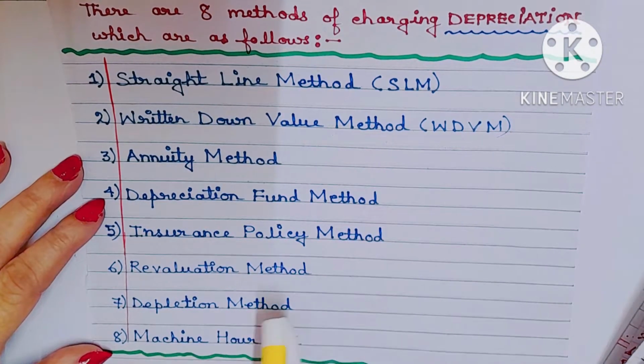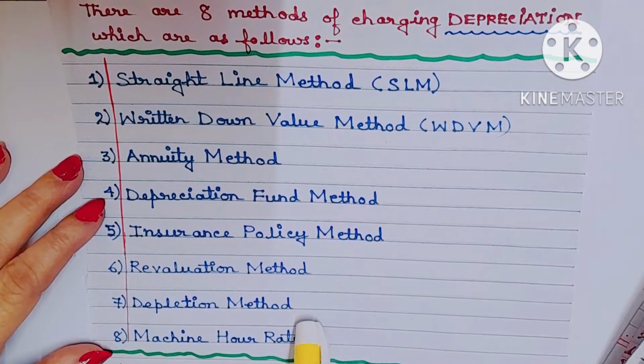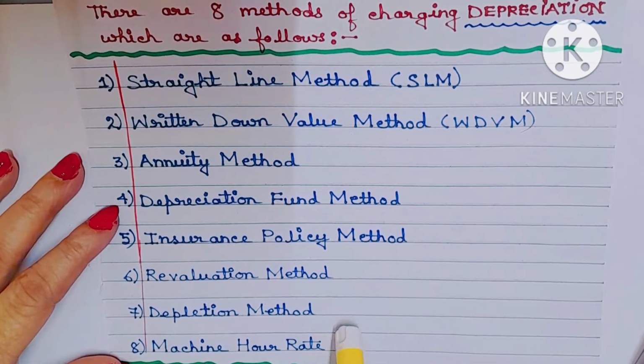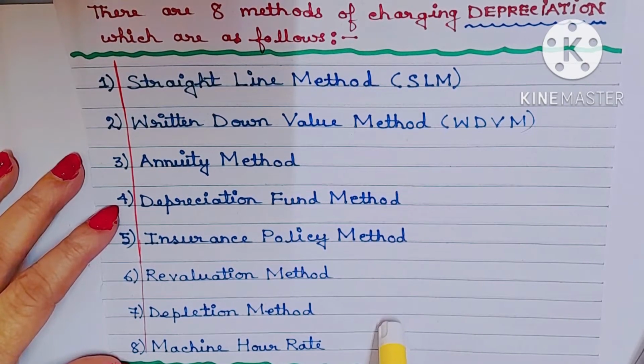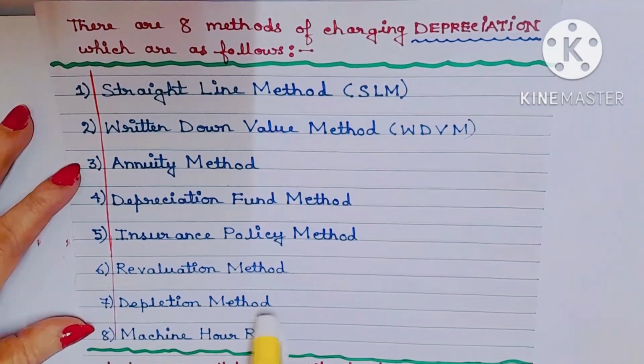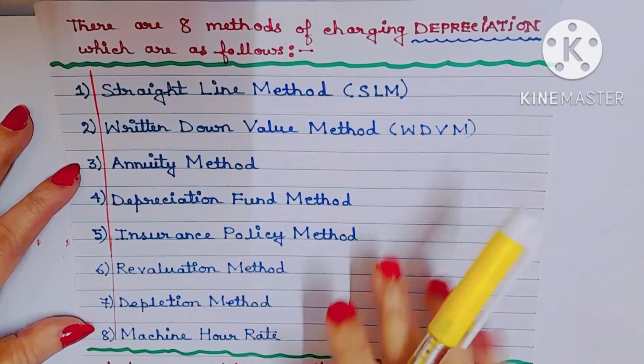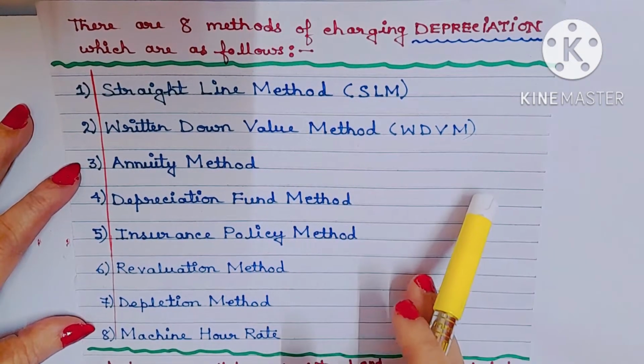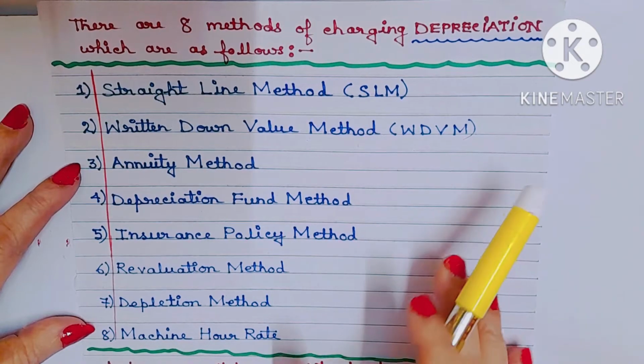Under this method, an equitable allocation of the cost of these assets can be obtained by dividing the cost by the estimated unit of output rather than by the estimated years of useful life of an asset. Okay? Depletion method is applicable for wasting assets like mines, oil wells, quarries, sandpits, etc.